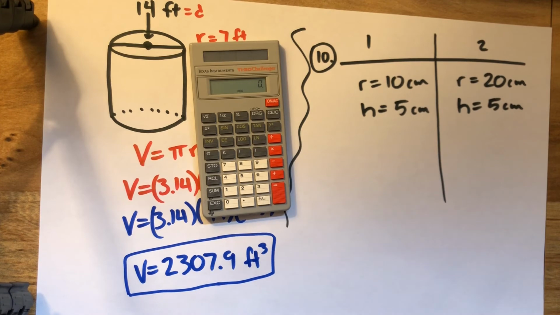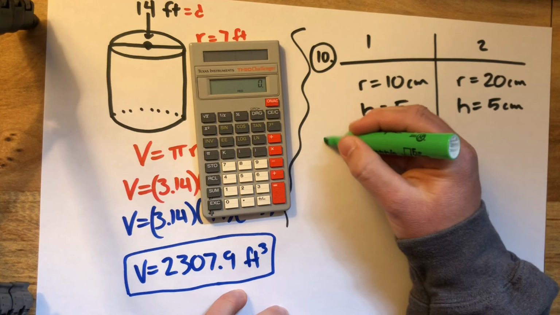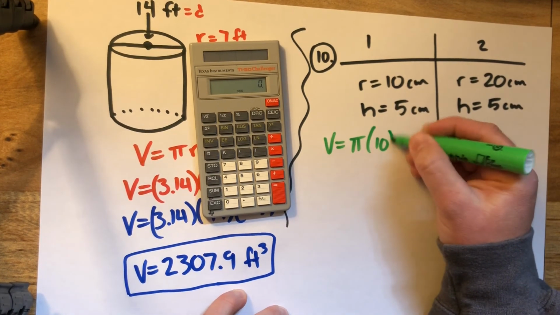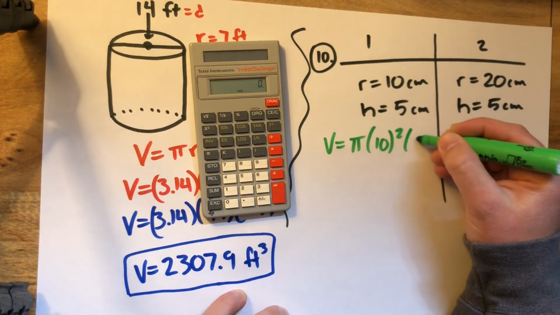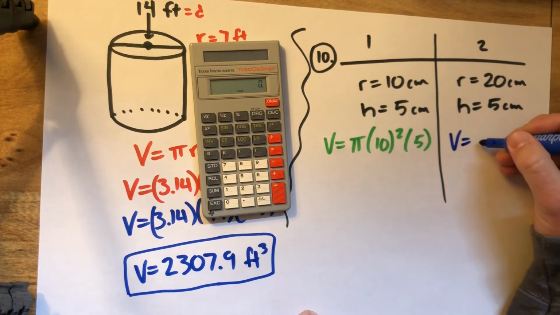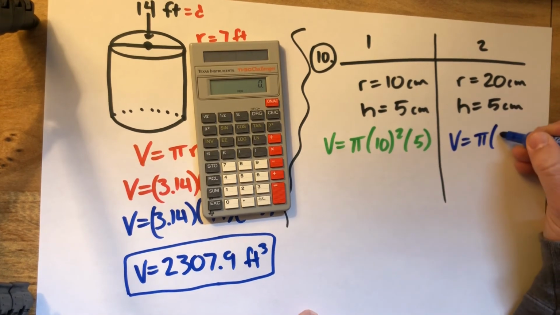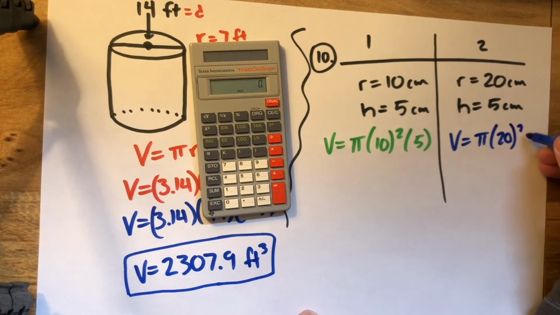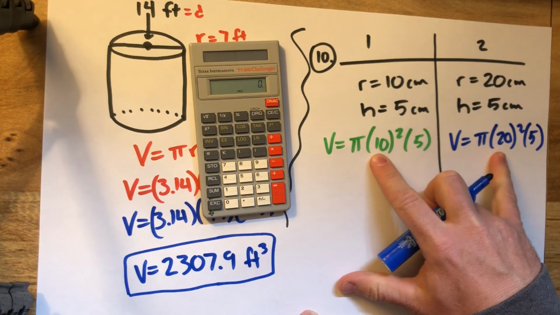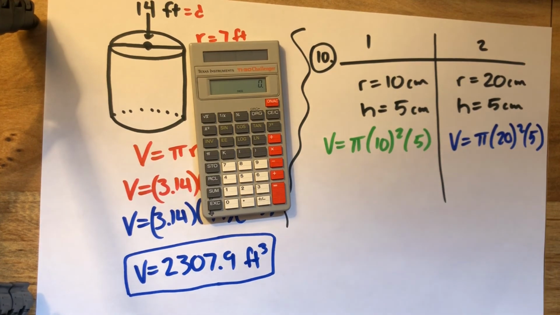So let's go ahead and do that. Volume of the first cylinder is going to be volume equals pi times the radius squared times the height. Volume of the second cylinder is going to be volume equals pi times the radius squared times the height. So the height is the same, but the radius in each is different.